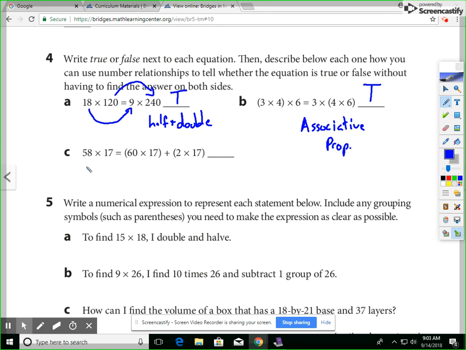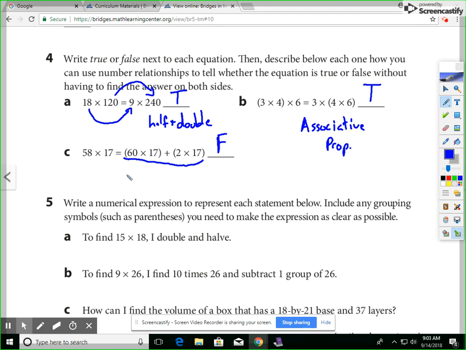In letter C, we have 58 groups of 17 is equal to, and then they're going to do some over-under right here. We see the parentheses. We're thinking over-under. It's 60 groups of 17 plus 2 more groups of 17. That side is 58 groups of 17. This would be a total of 62 groups of 17. So that one's going to be false. There's no way 58 times 17 is going to be equal to 62 times 17.